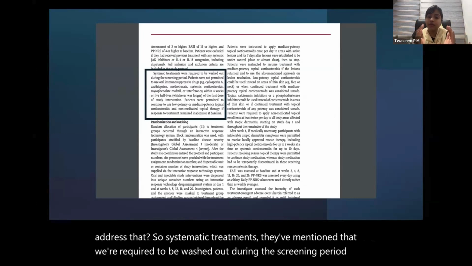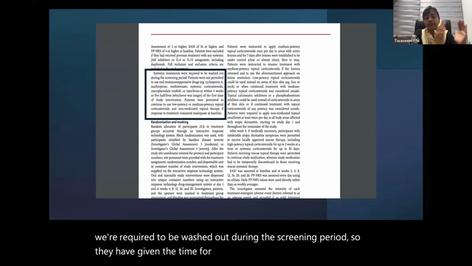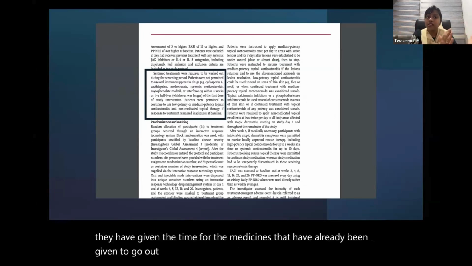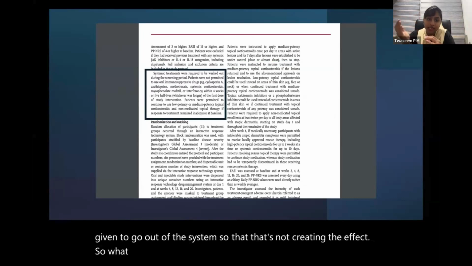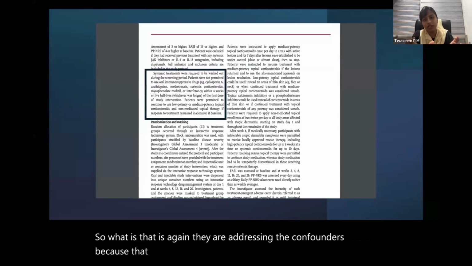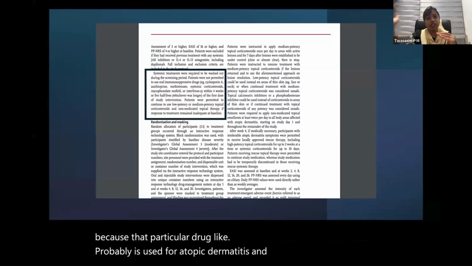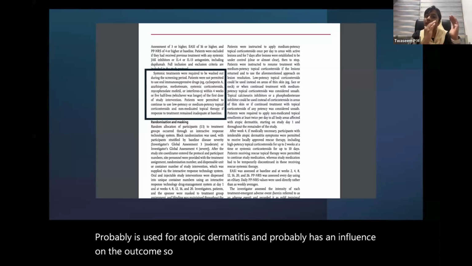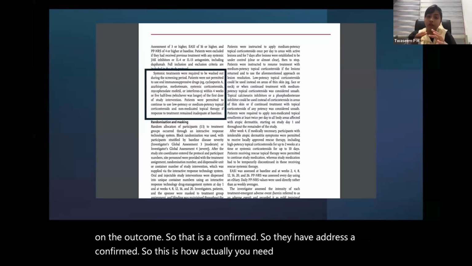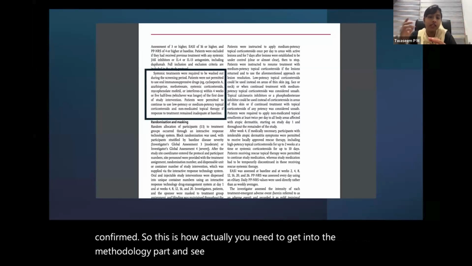So they've given time for the medicines that were already given to go out of the system so that they're not creating an effect. They're again addressing confounders, because a particular drug, like methotrexate, is probably used for atopic dermatitis and has an influence on the outcome. So that's a confounder, and they have addressed it.